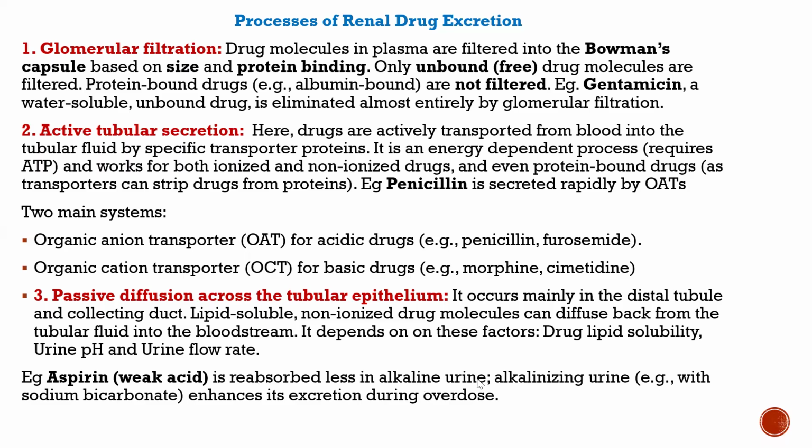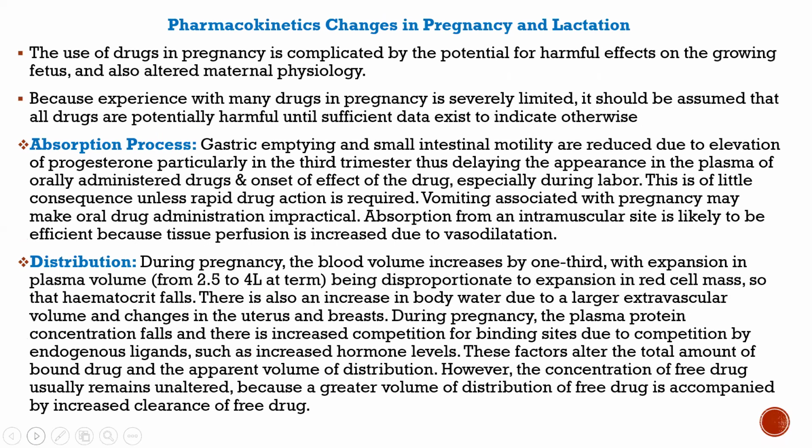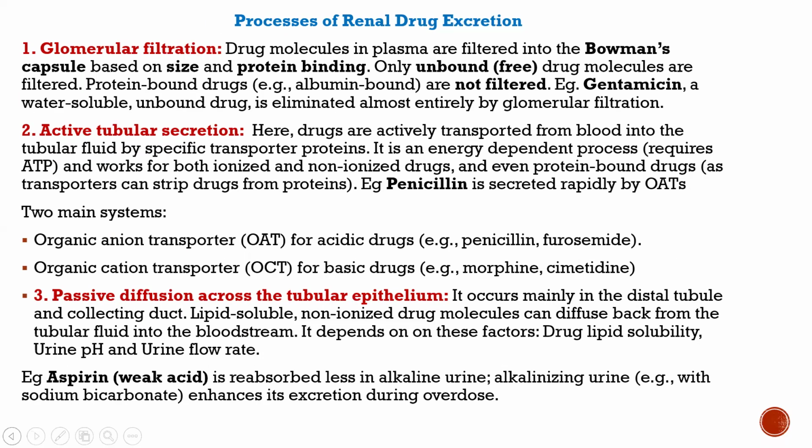So for you to remove it, you have to alkalize the urine with maybe sodium bicarbonate, which enhances its excretion during overdose. So that's it about passive diffusion. I hope you understand these processes of renal drug excretion.